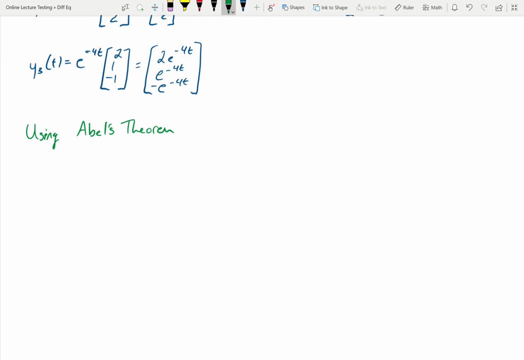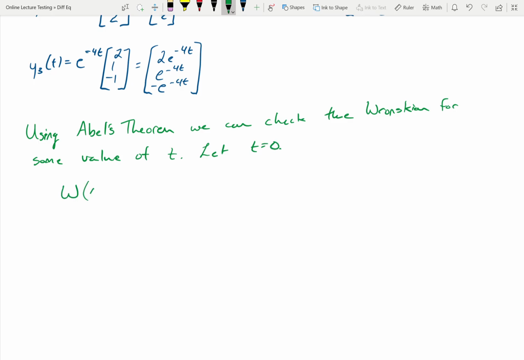So we're going to use Abel's theorem. We can check the Wronskian for some value of t. So let t equal 0. So our Wronskian is the determinant. So again, just to give you what that means.